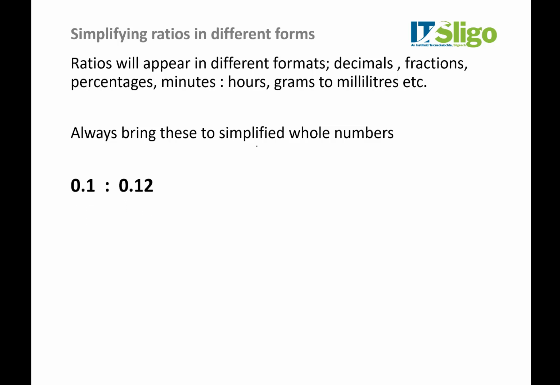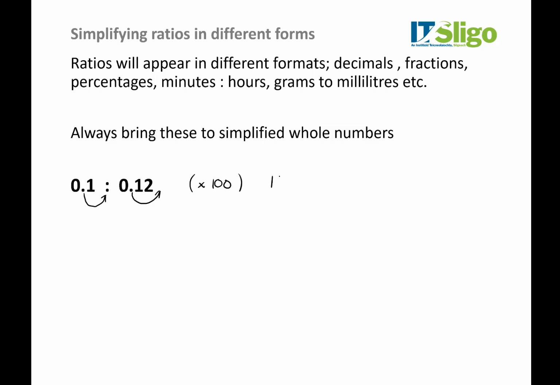So say if we're given a decimal like this, it can look quite confusing, but really, guys, it's actually very simple. It's like when we were dividing by a decimal. We want to turn both of these to a whole number. So on the right hand side, we need to move the decimal point 2 places, so we do the same to the left. So really what we're doing is multiplying both sides by 100.